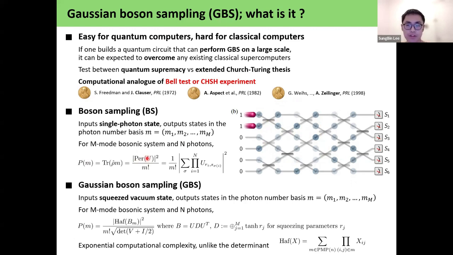Computing the determinant of even exponentially large matrices can be done in polynomial time, polynomial in the size of the matrices. However, for permanents, we have to compute exponentially many different permutations of the products of matrix elements.